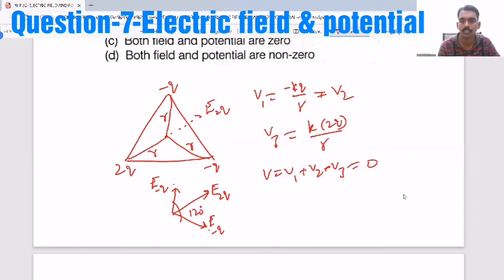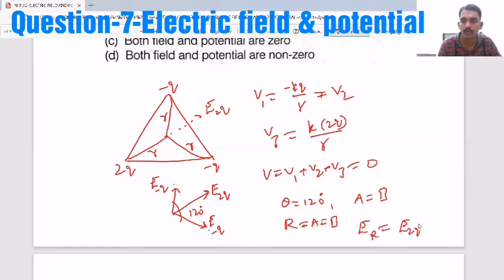See, if theta is 120 between two equal vectors A equal to B, then the resultant is either A or B. So the final resultant electric field will become E due to 2Q plus E due to minus Q, because the resultant of the two minus Q fields is only E minus Q, which is along E2Q.